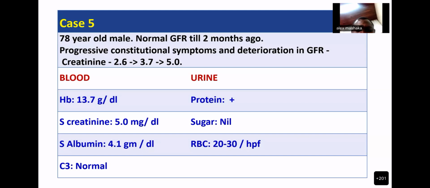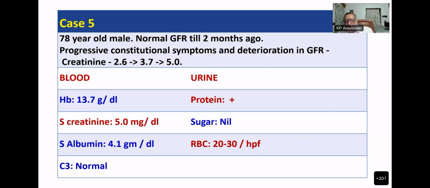C3 was normal. Urine showed mild proteinuria, which is not nephrotic level. He had no glycosuria since glucose was nil, and he had hematuria of 20 to 30 cells per high-power field. Okay, so these are the abnormal ones.